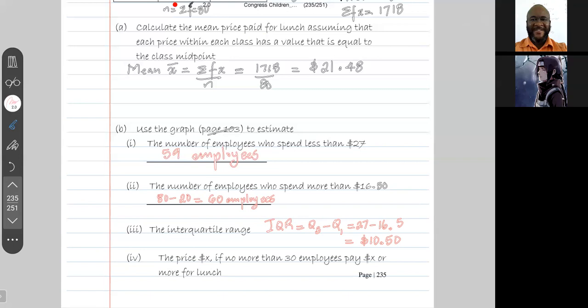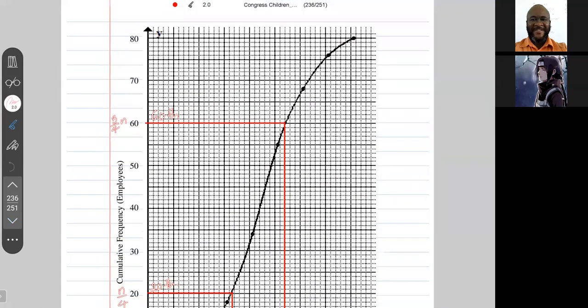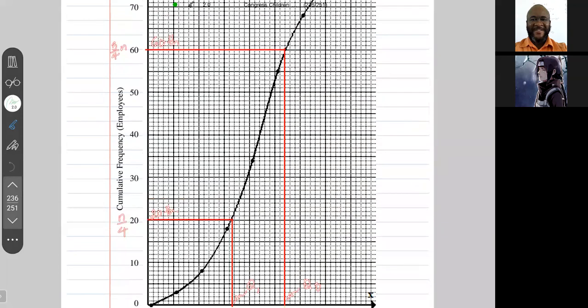So let us see how much money the 50th person spent. All right. So this is person number 50. Let's go for green. Person number 50 is this guy. All right, so I go across. And where it hits the curve, I'm going to go down.